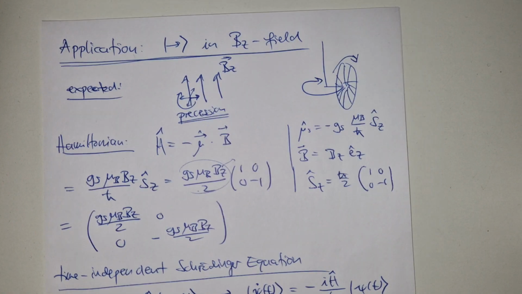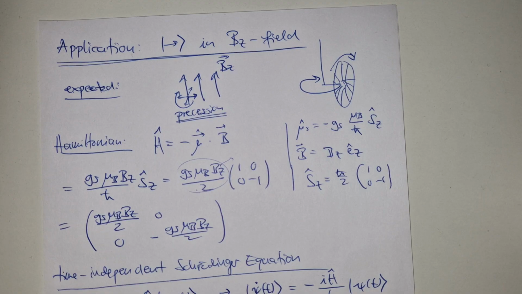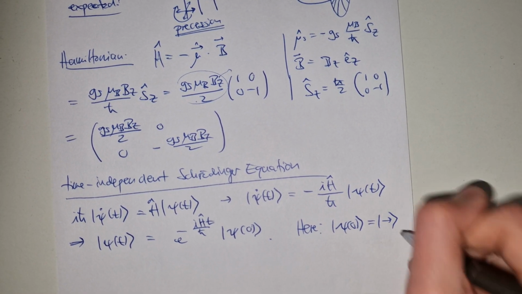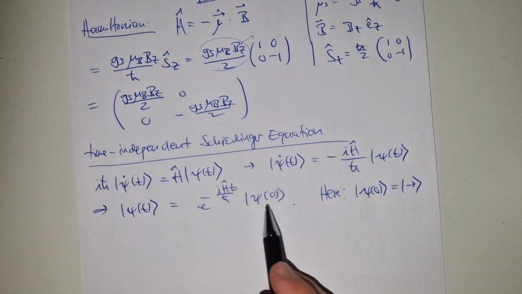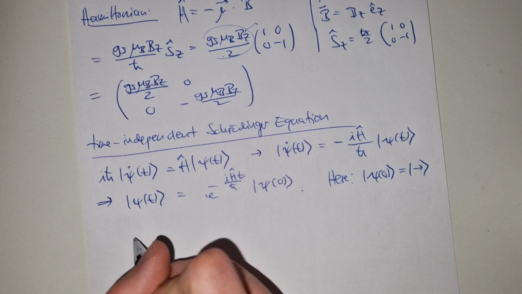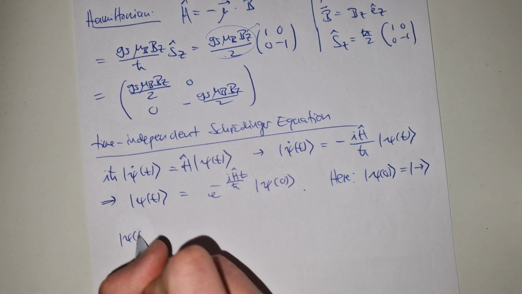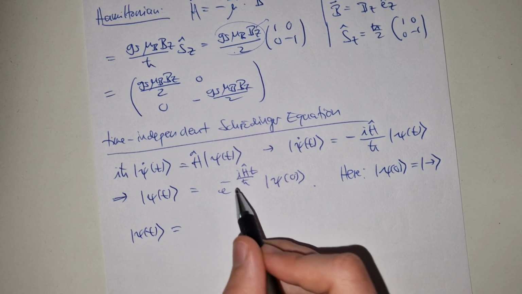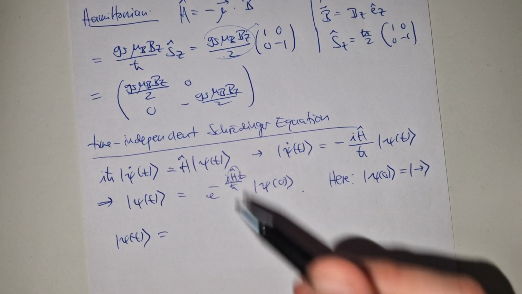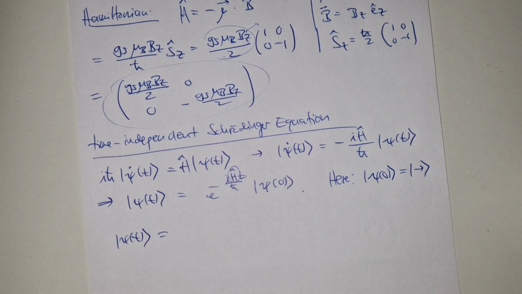So the question is, what does a spin right particle do in a magnetic field? So initial state, psi of 0, is spin right. So this is a spin right in our case. And what about this? Well, we know that the Hamiltonian is this matrix.